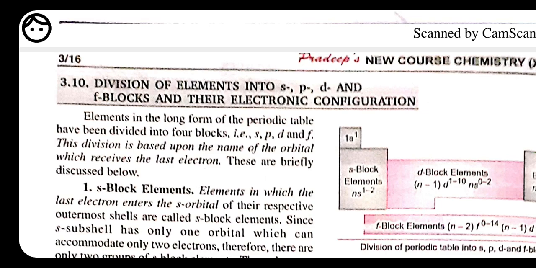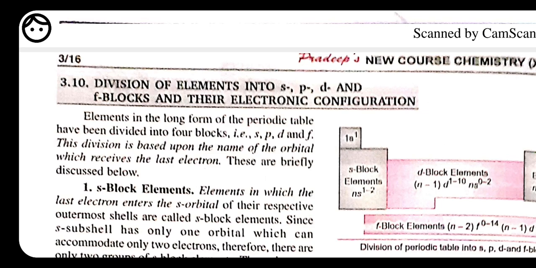Now let's start with the electronic configuration and the type of elements, that is, the s, p, d, f blocks. So we know that elements in the long form of the periodic table have been divided into 4 blocks, that is, s block, p block, d block and f block. In the s block we have 2 groups, that is group 1 and group 2. In group 1 we have lithium, sodium, potassium, rubidium, cesium and francium.